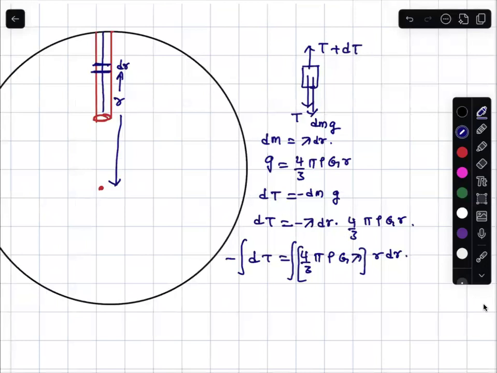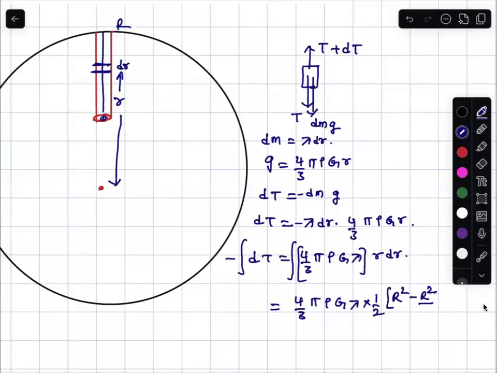So therefore, now in this case, after doing proper integration, 4 by 3 pi rho g lambda, 1 by 2 r square minus r square by 5 integration. This is r. What about this point?